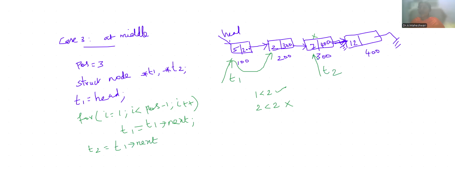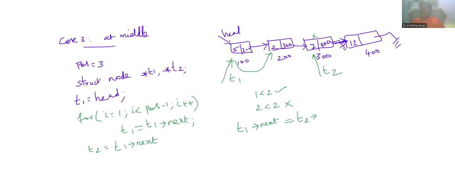How can I access 400 using T2? I cannot access it using T1. T1 also I can use, but easily I can track this 400 using T2. How can I access it? T2 of next is 400. So I am going to assign T1 of next is equal to T2 of next.